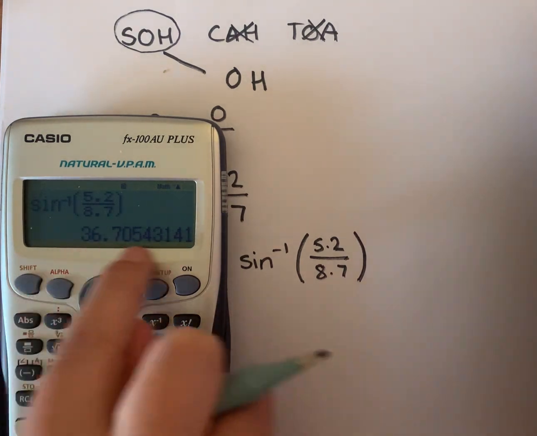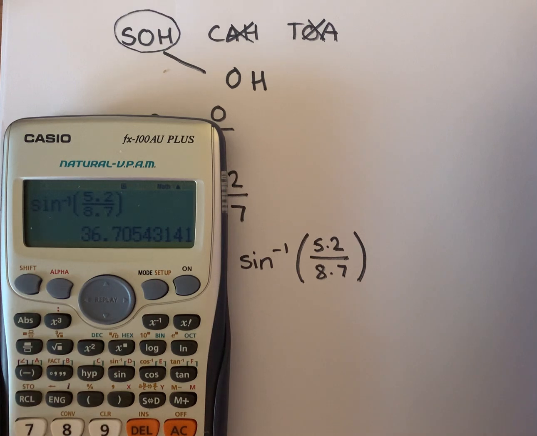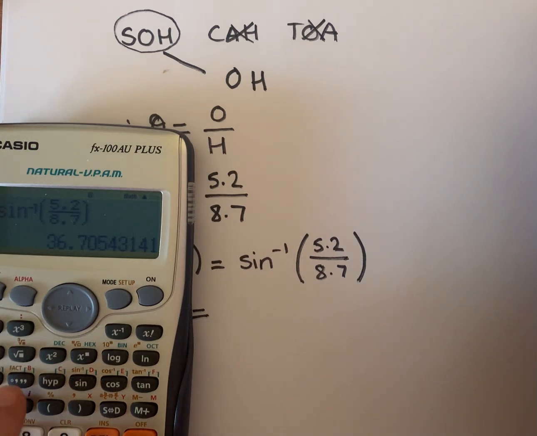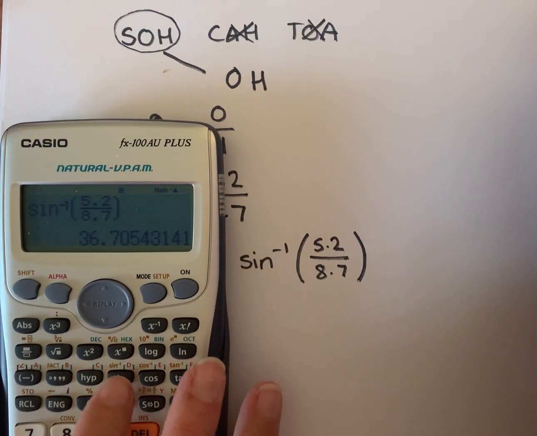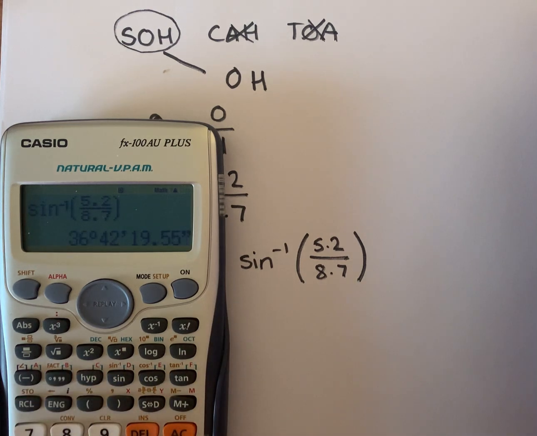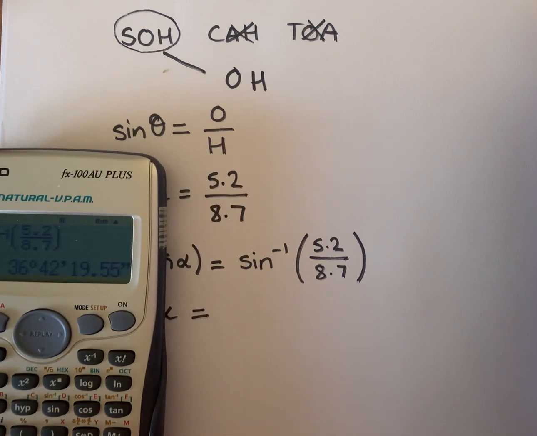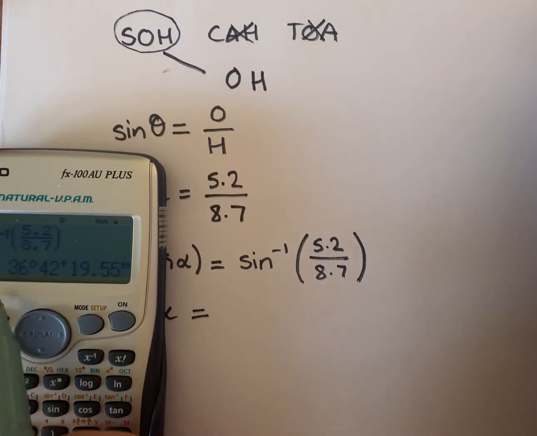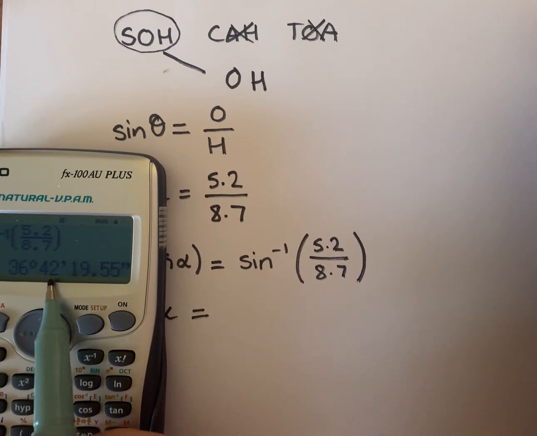But this is as a decimal, and the question asks us to find the angle correct to the nearest minute. So when we're working with angles, we like to use this degrees, minutes and seconds button here. Sorry, is that on the screen? So we can press that to change it into degrees, minutes and seconds. And if we wanted to round this to the nearest minute, well, these are degrees, these are minutes.